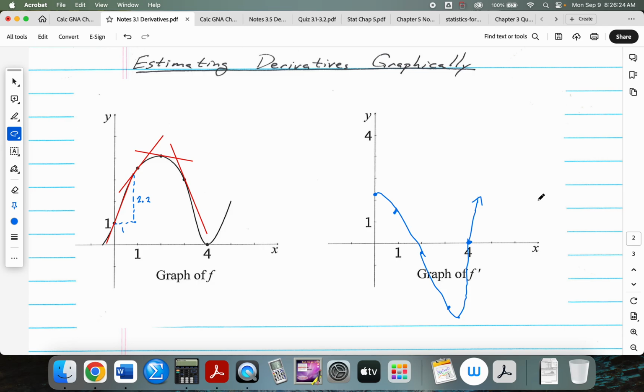So the question that students always ask, if this was on a quiz or on a test, what would you be looking for? I would be looking for, where is the slope 0? Do you have those? Where's the derivative 0? It should be at about 4 and a little before 2.